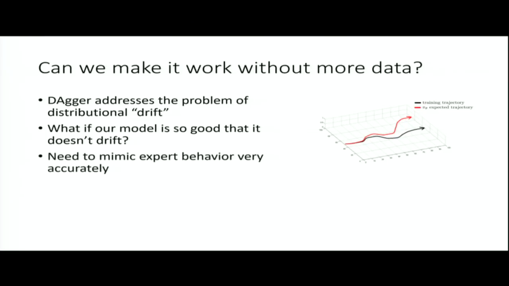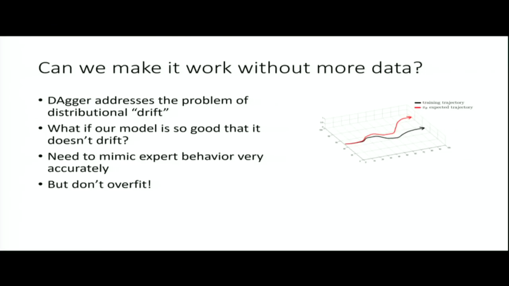So you need to mimic the expert behavior very accurately. And in order to do that, you need to understand some of the reasons why it might be hard sometimes to mimic the expert. If you can understand those reasons, then you can try to address them and build networks that do a very good job of fitting the expert data, but don't overfit, and therefore don't make mistakes that very frequently result in compounding errors.